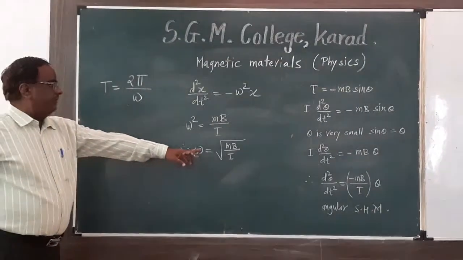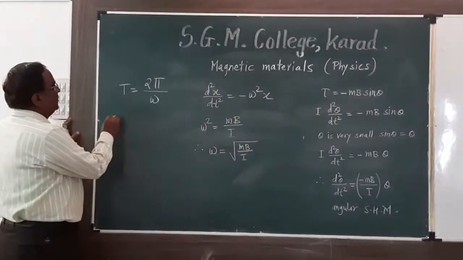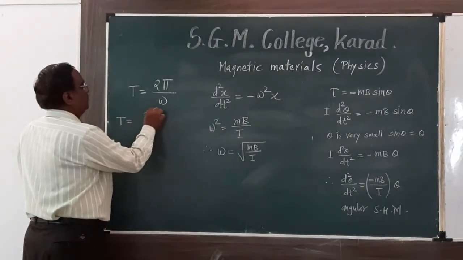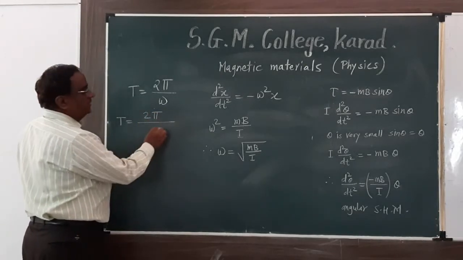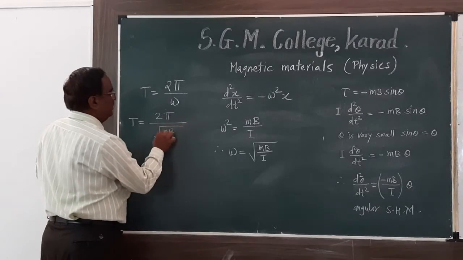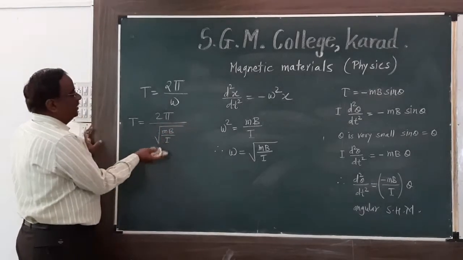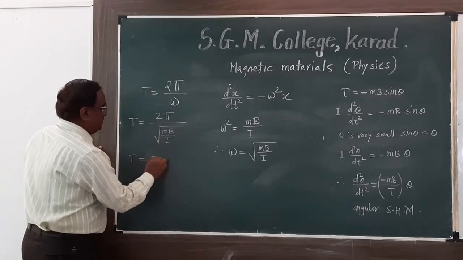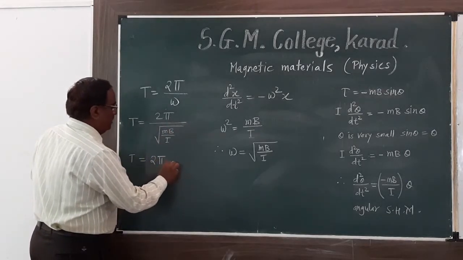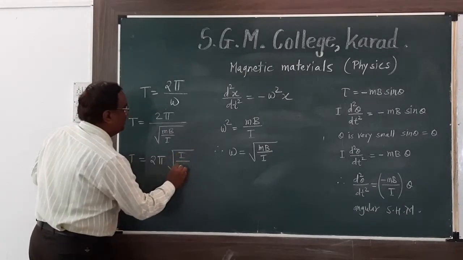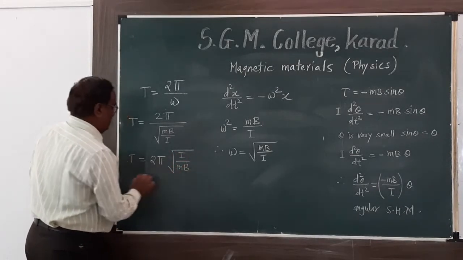If we substitute the value of omega in this equation, we get T is equal to 2 pi divided by omega, where omega is root of MB upon I. Then the final expression we can write is T is equal to 2 pi into root of I upon MB.